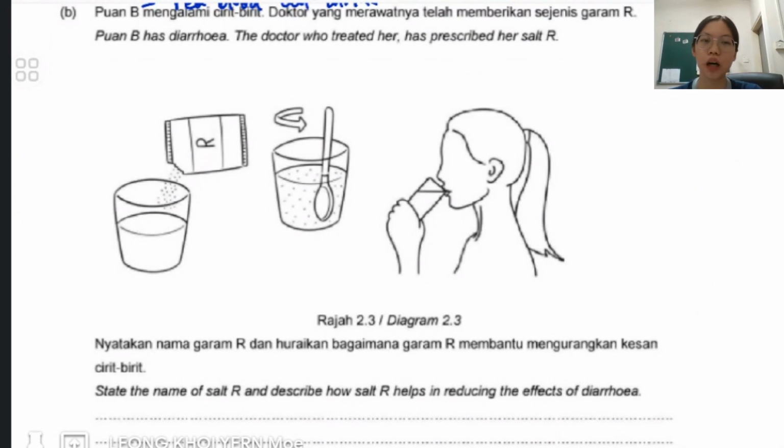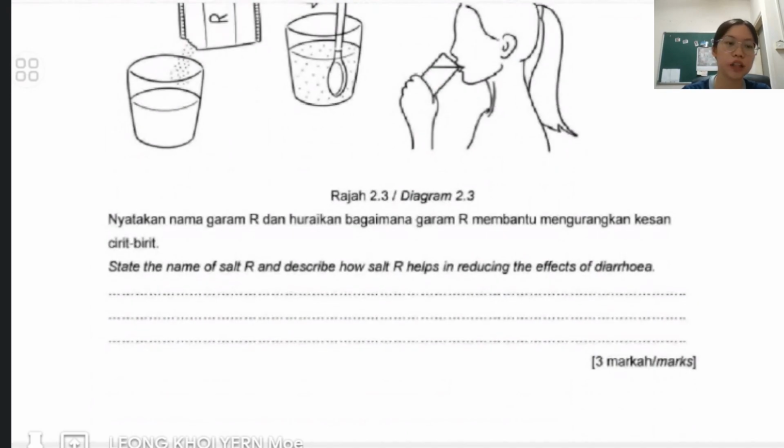But in a mild diarrhea case, we normally just drink oral rehydration salt prescribed by the doctor. The question asks you to state the name of salt R and describe how salt R helps in reducing the effects of diarrhea. So it is oral rehydration salt. That's the first mark you can obtain easily if you still remember the name.